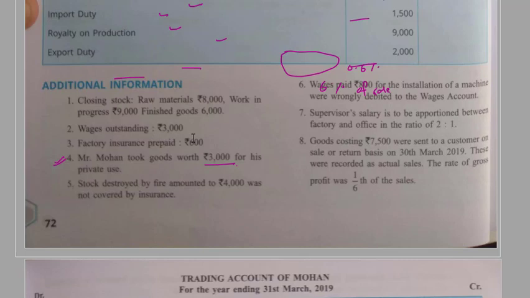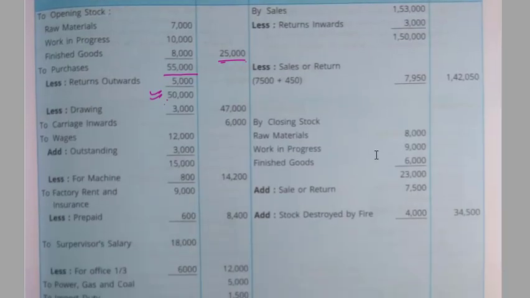Whatever the proprietor takes for his personal use should not be included in the trading account. Therefore this 3,000 we will subtract from purchases. So less drawings 3,000. So 50,000 minus 3,000 gives me 47,000. So I record here 47,000.